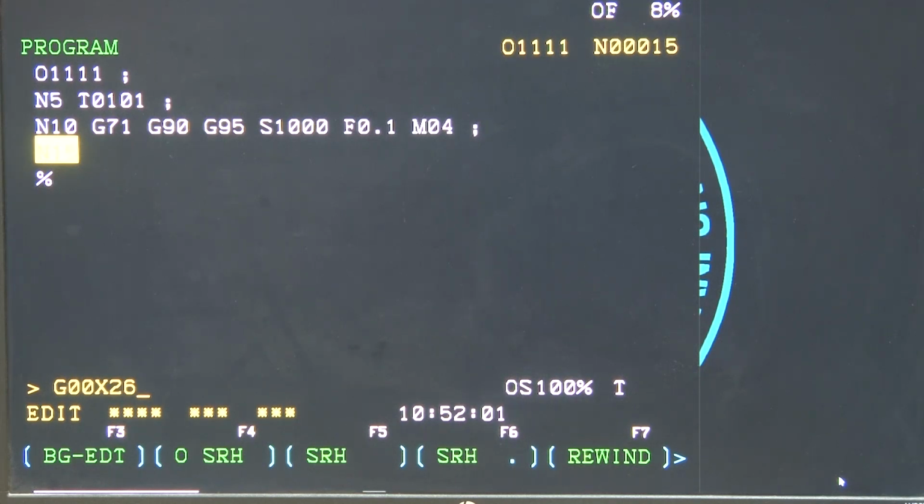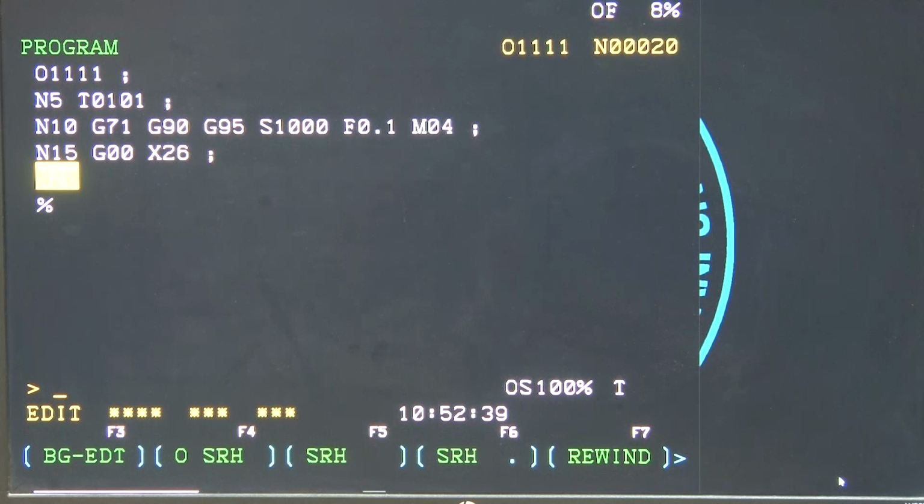Next is S1000. S is the RPM, 1000 is the speed, and F.1 is the feed rate in millimeter per revolution. Next is M4. M4 is the main spindle counterclockwise, meaning we are defining whether the spindle will be rotating clockwise or counterclockwise. Next is N, let us say 15.